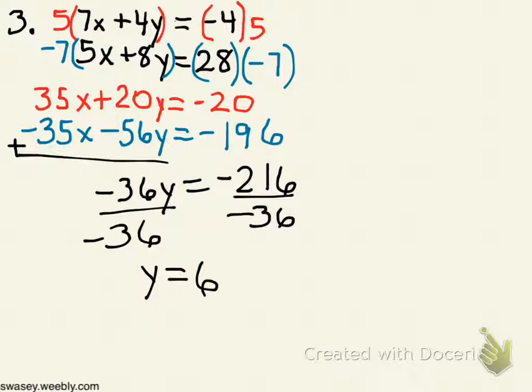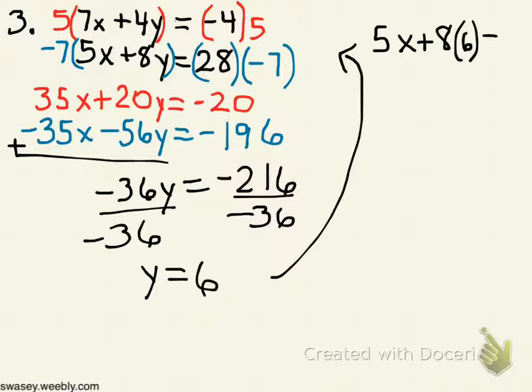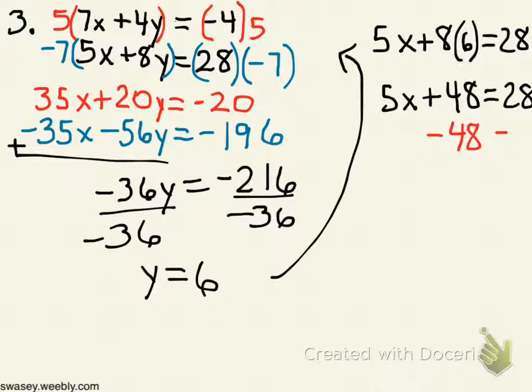Now we'll find x by plugging this back in. Second equation has positive, so it might be just a little bit easier to work with. So we got 5x plus 8 times y, which is 6, equals 28. 8 times 6 is 48. Two-step equation from here. To get rid of the plus 48, subtract 48.